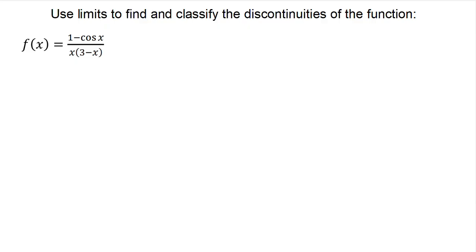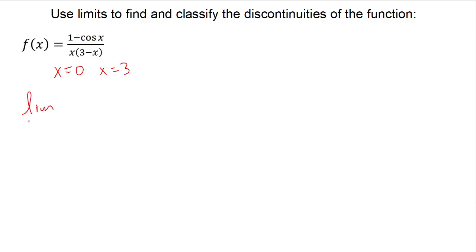All right, we have 1 minus cosine x over x times 3 minus x. So for this one, what we're going to do is note that x equals 0 and x equals 3 are both possible places where we're going to have a discontinuity here. And so we'll do the limits.